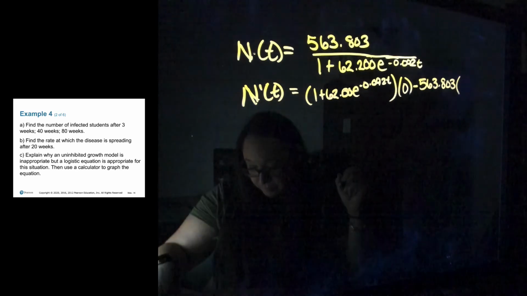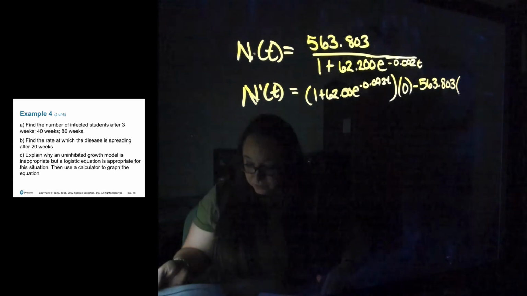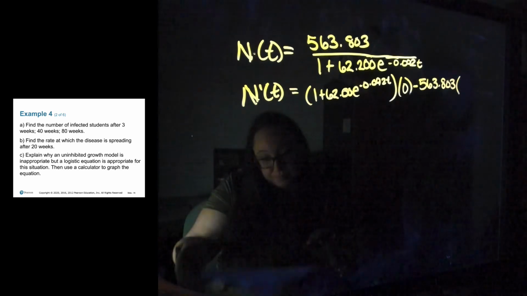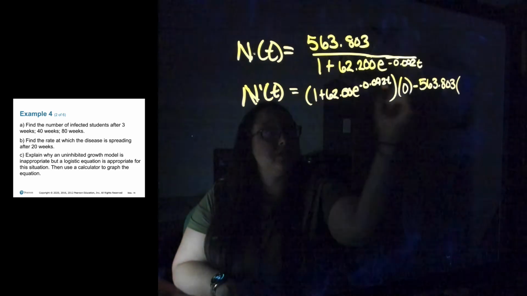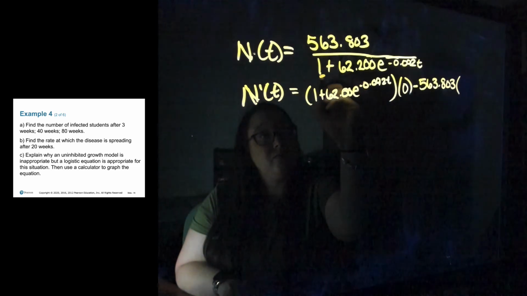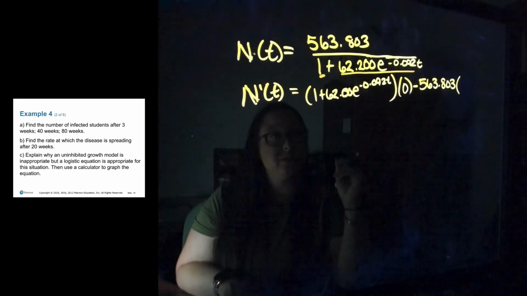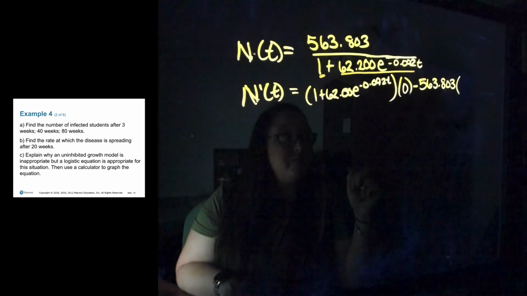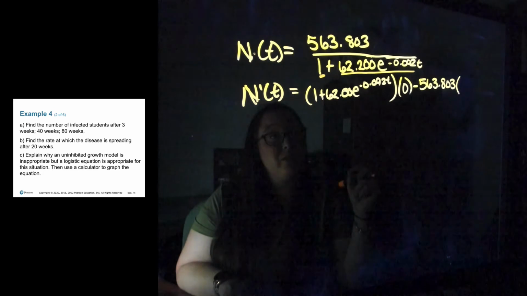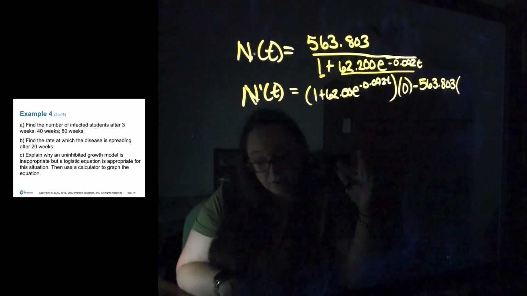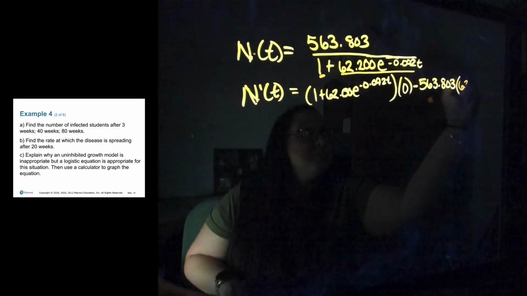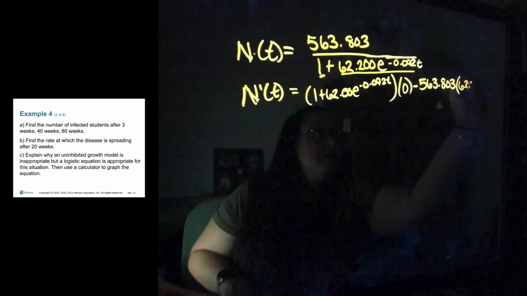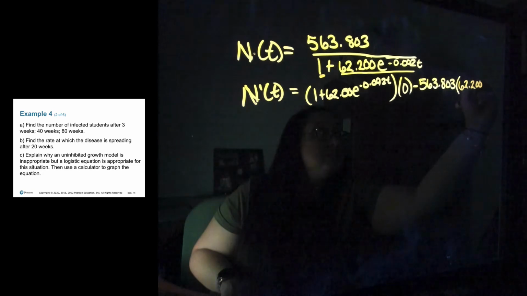The derivative of the bottom is going to be found by taking the derivative of 1, which is 0. Remember, you have two pieces here that we want to take the derivative of in the bottom. The derivative of 1 will be 0, but the derivative of that 62.200 term is going to be just what that is because it has an e in it. Remember how we found the derivative of e's?